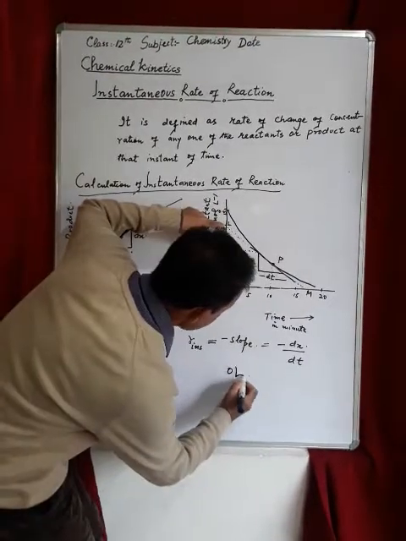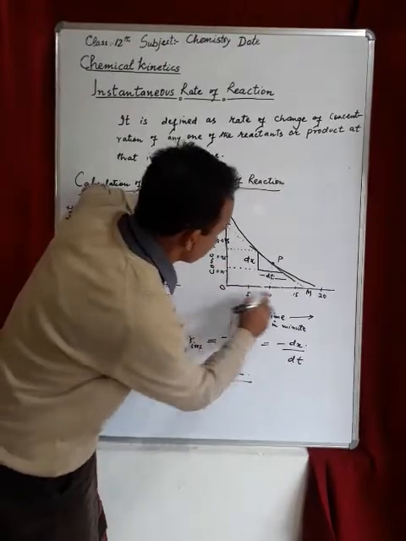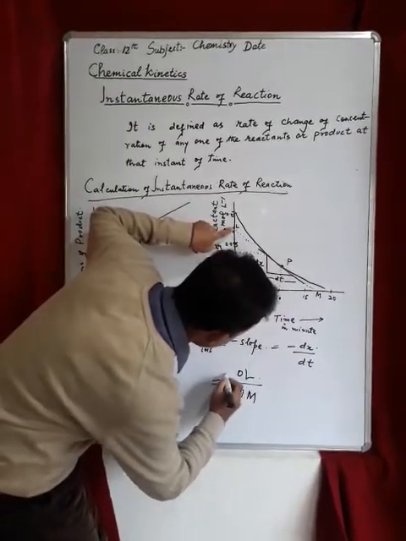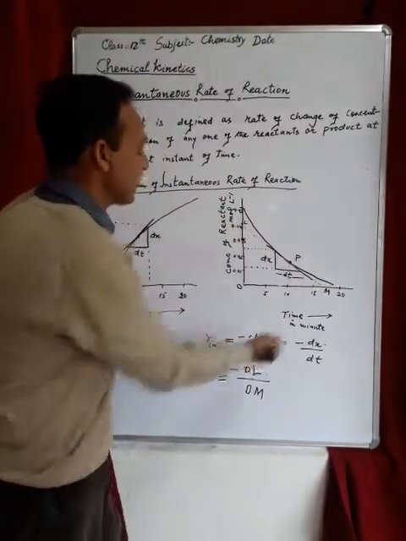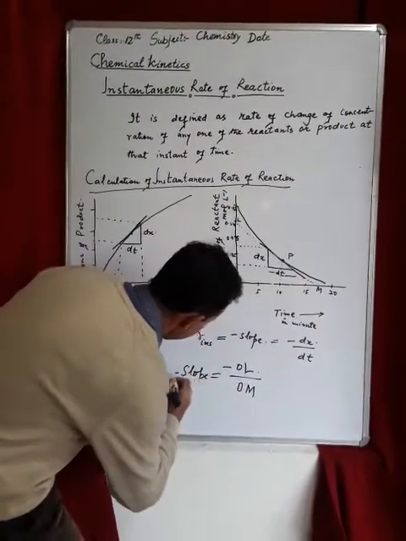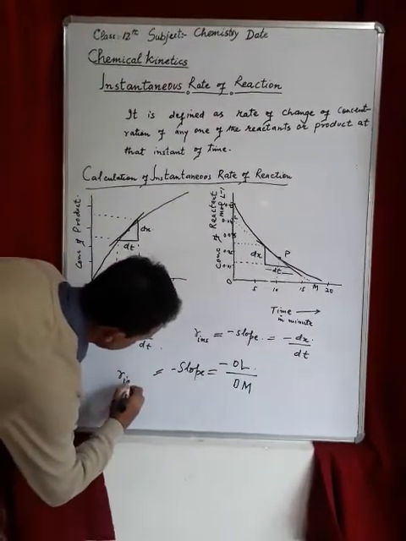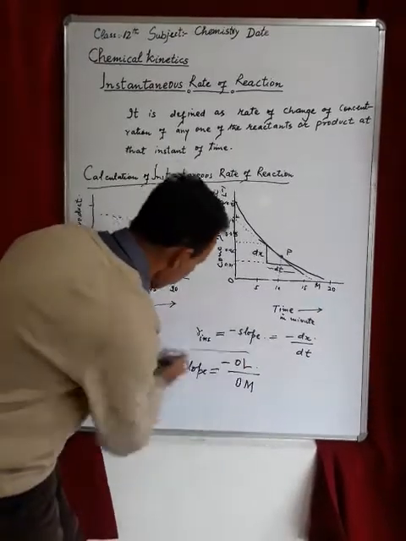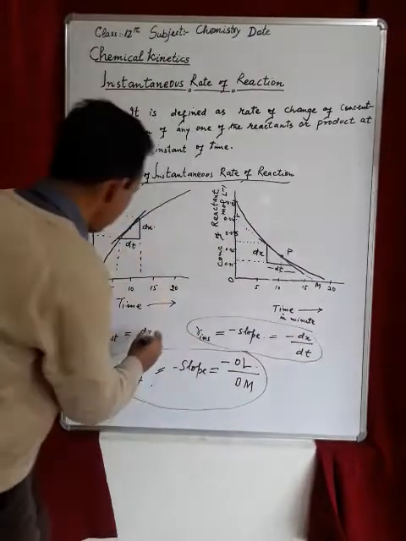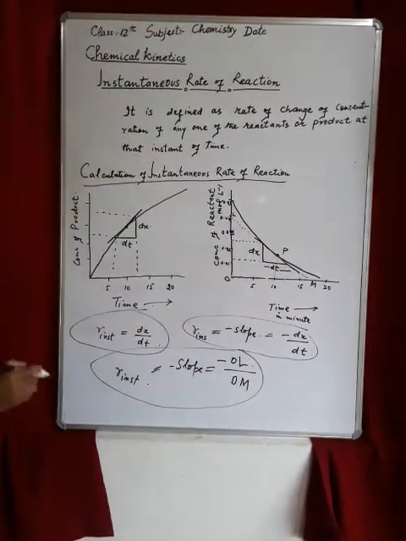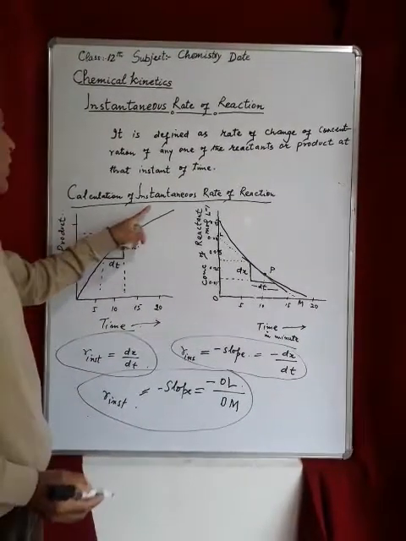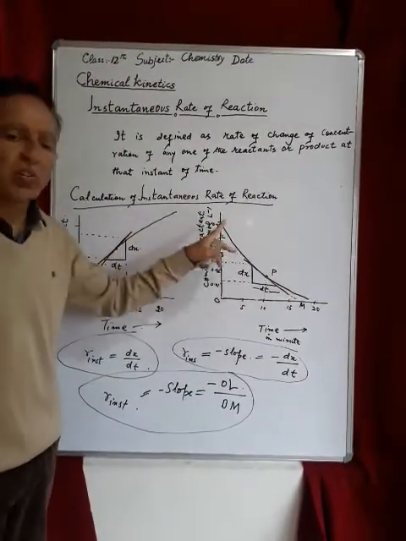This is OL, the perpendicular, and this is OM, the base. OL divided by OM with a minus sign will give us the slope, and this will also be the instantaneous rate of reaction. So whether we calculate by this method or by taking the product, in all cases we will get the same result for the instantaneous rate of reaction.